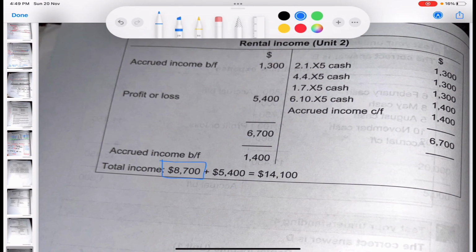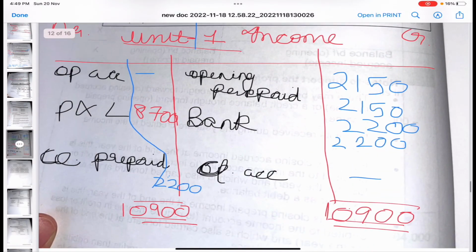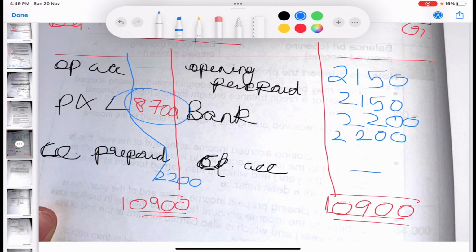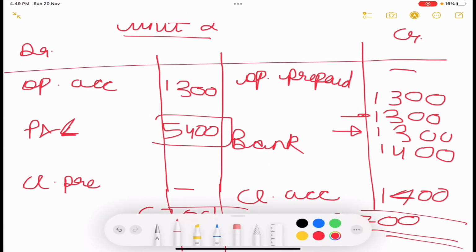They got 8,700 plus 5,400. And what did we get? We got 8,700 of unit 1 plus 5,400. How much is that? Let me add.